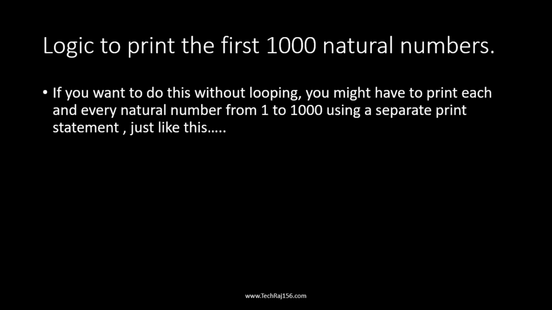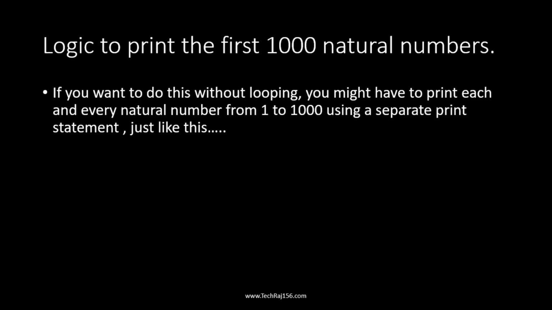So let's take the logic to print the first 1000 natural numbers, which is different from the previous example, where we printed the first 1000 even numbers. Here we are printing 1, 2, 3, 4, 5, 6, 7, 8 and so on until 1000.